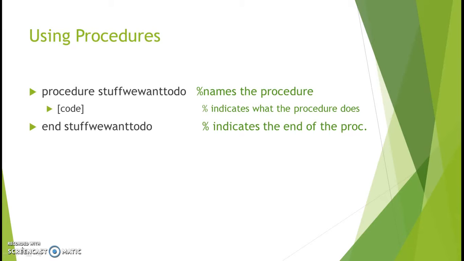And so any procedure, regardless of the size, will have that architecture to it. Now, once we want to call our procedure, all we have to do is simply write the line that is the name of the procedure, and this will trigger that subroutine.